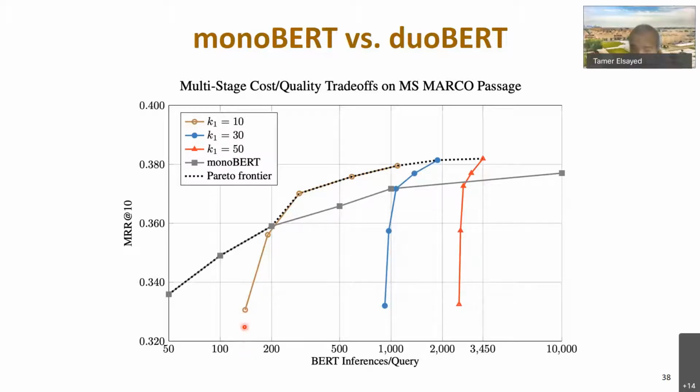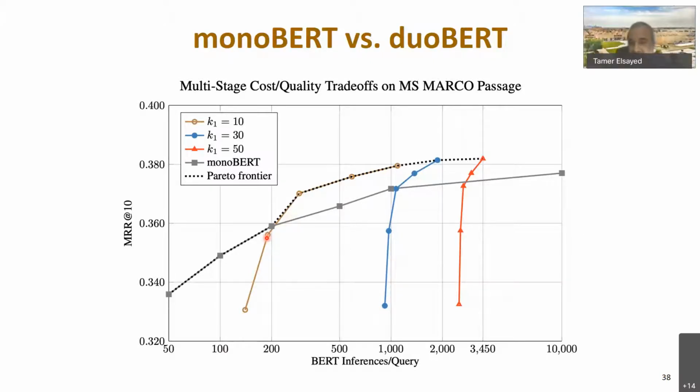The second one here corresponds to K0 being 100, because that's the second value, and still K1 is 10. So what is the total number of calls to BERT? 100 from mono BERT, and then 10 times 9, which will be 90.